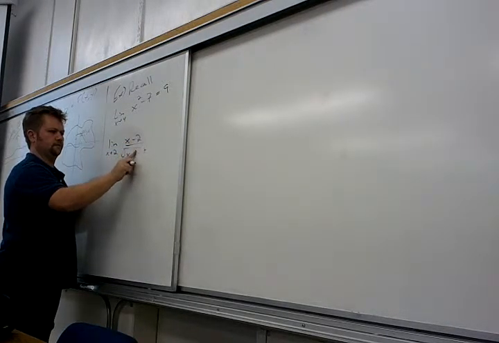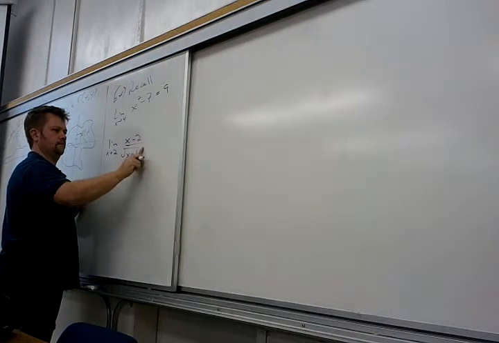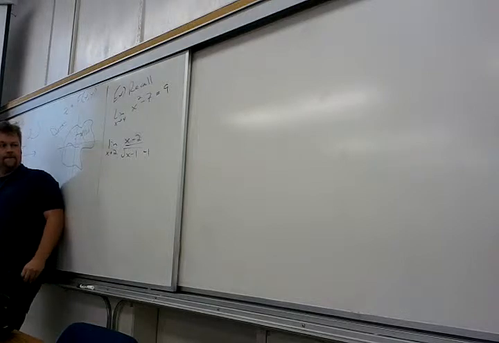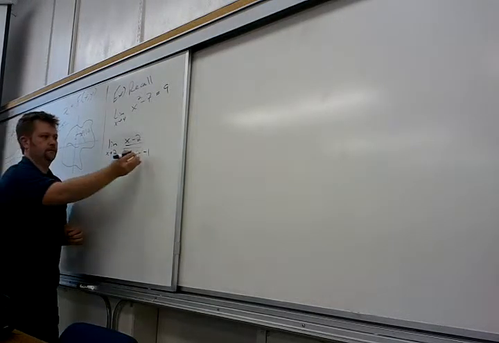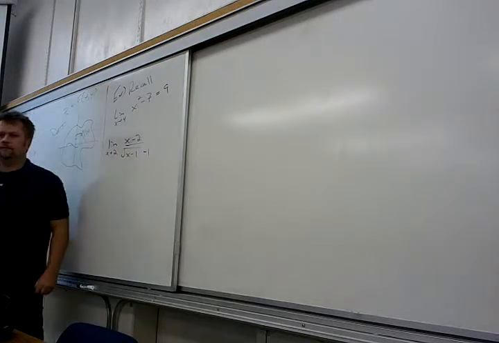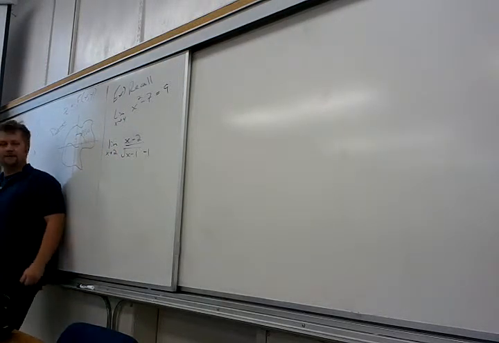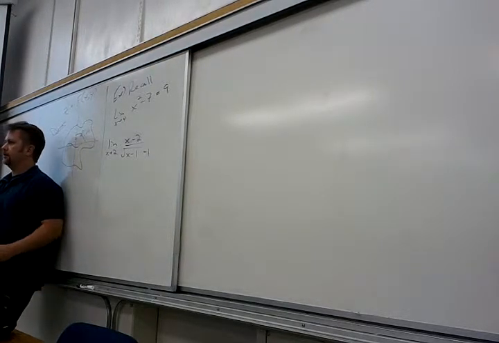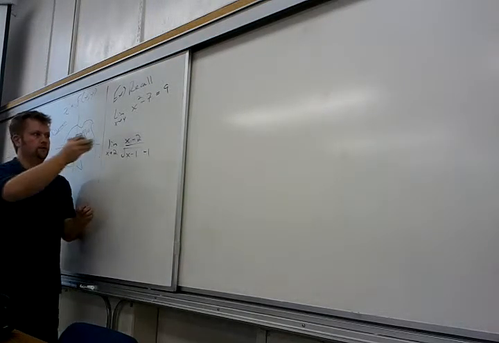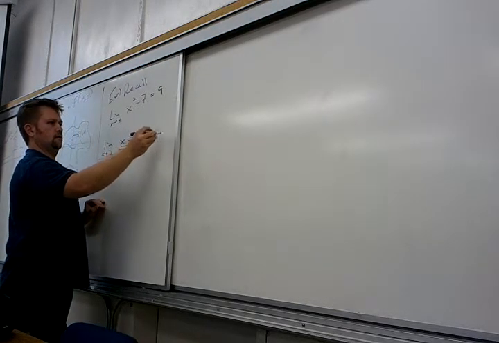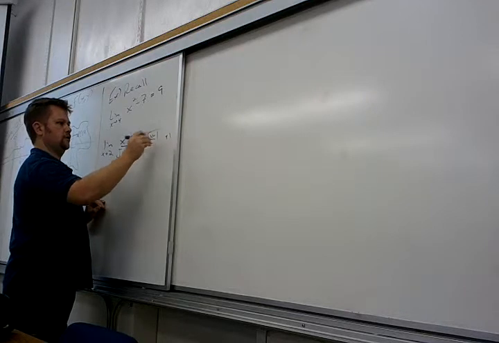Let me make this closer. I want it to be a problem. Yeah, that's fine. There's a problem. So again, how do you do that? Multiply by the conjugate, and then eventually you're going to get something canceled. So when you multiply by the conjugate of this, plus 1.